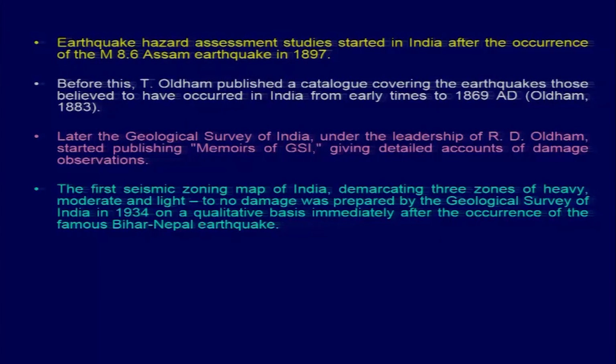The first seismic zonation map of India, demarcating 3 zones, heavy, moderate and light, was prepared by the Geological Survey of India in 1934, and this was on the basis of the occurrence of the Bihar Nepal earthquake. In 1934 there was a large earthquake close to the India Nepal border that was termed the Bihar Nepal earthquake.